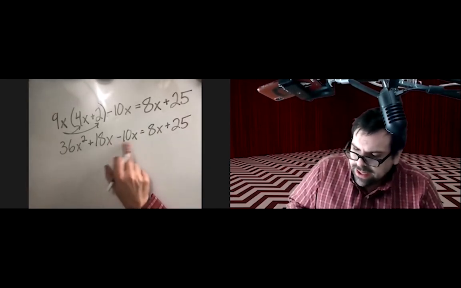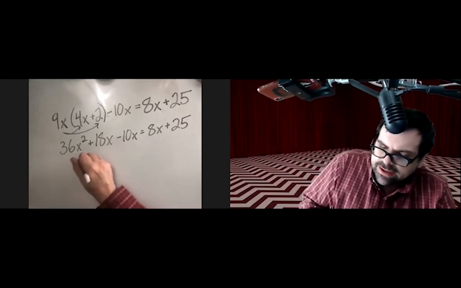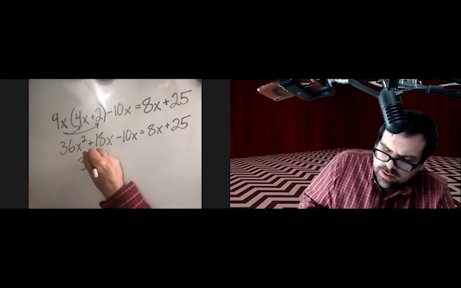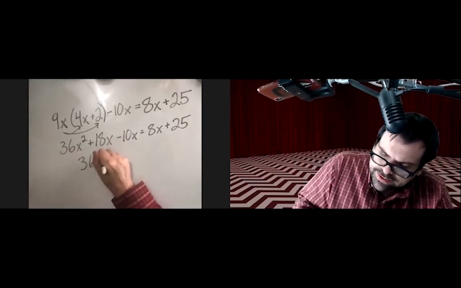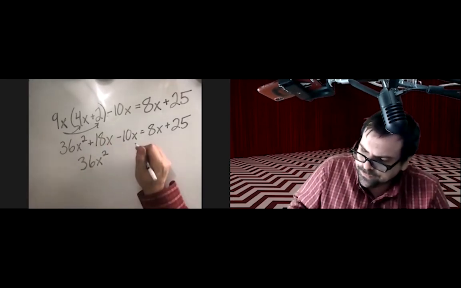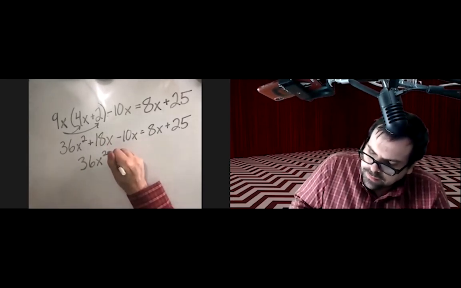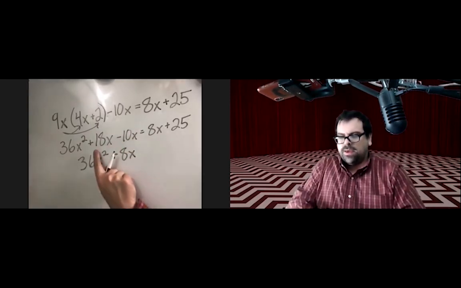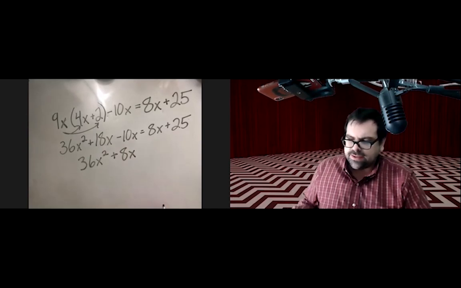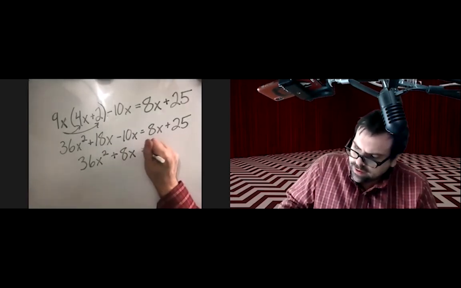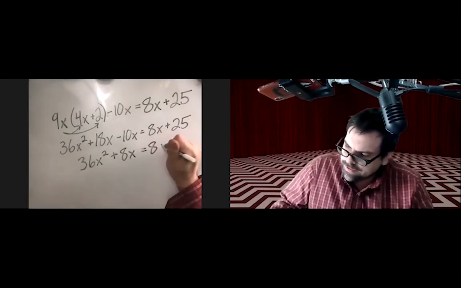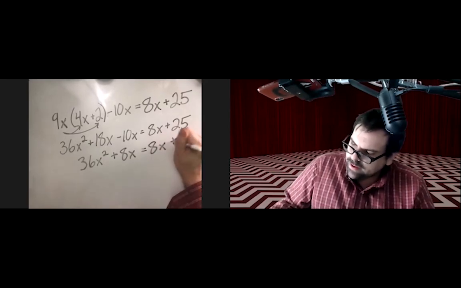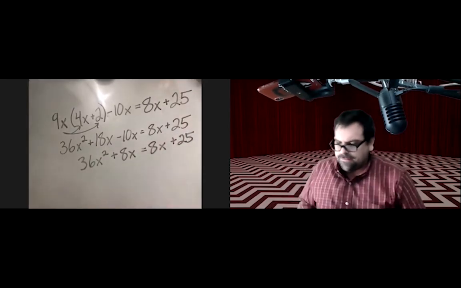If I combine positive 18x minus 10x, that would be positive 8x. 18x minus 10x is 8x, equals 8x plus 25.